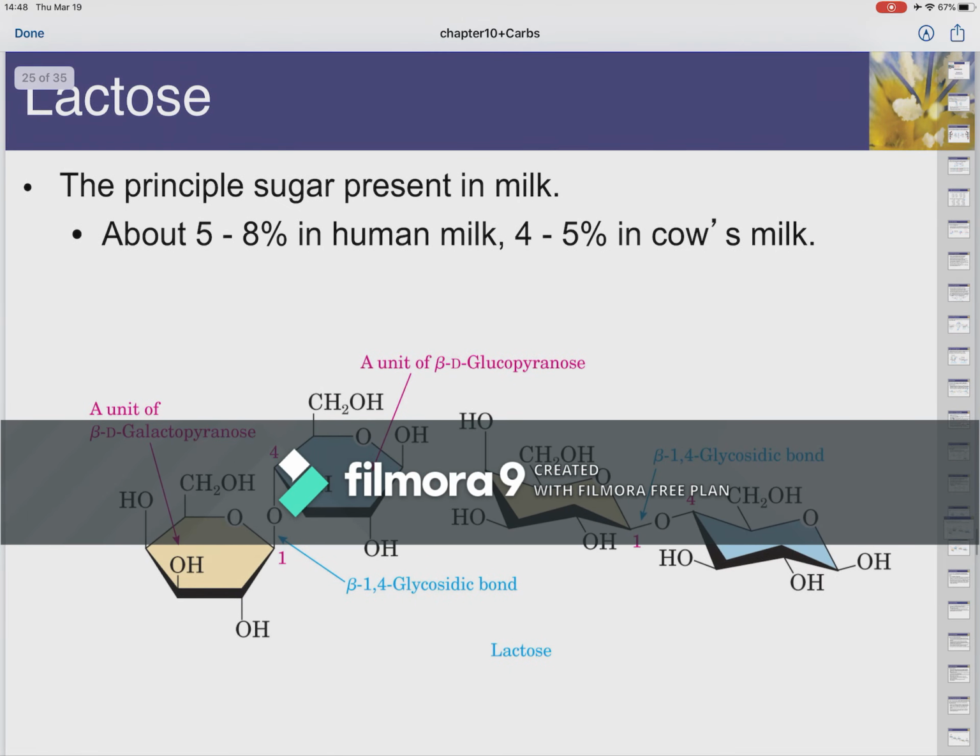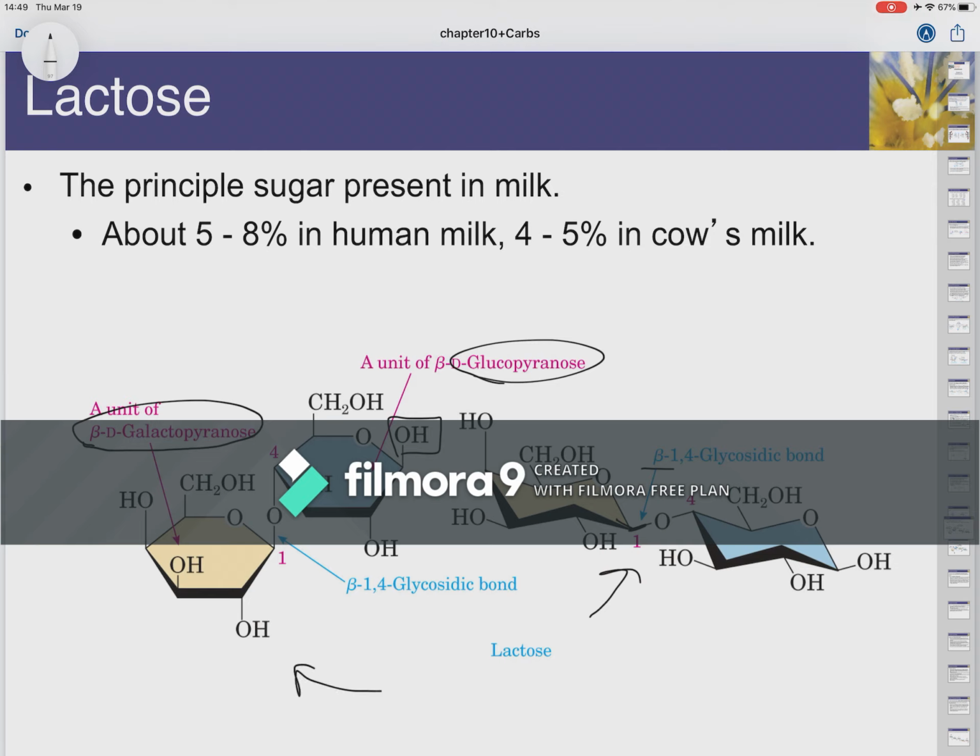Lactose. This is the second disaccharide. This one's made of a beta galactose and either an alpha or a beta glucose. Now the one that's shown here is beta because the OH is up. This is a beta 1,4 glycosidic link. This is in the chair conformation.